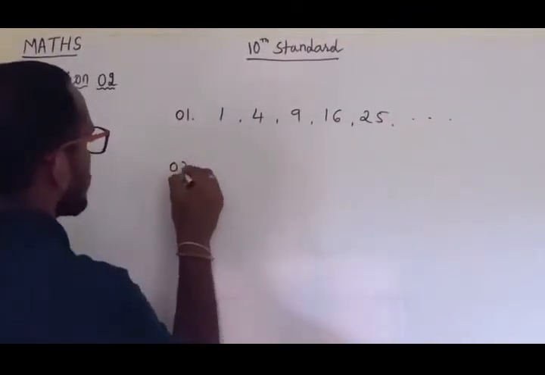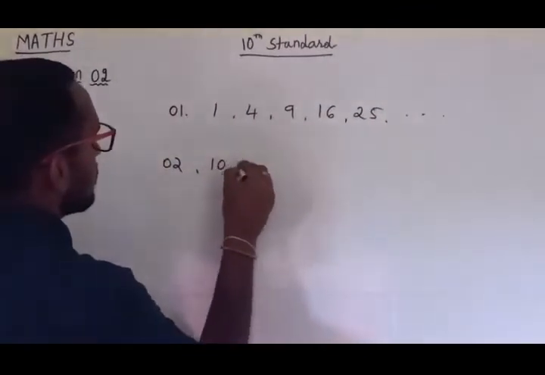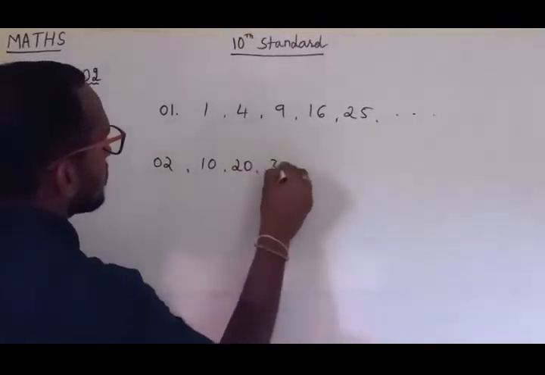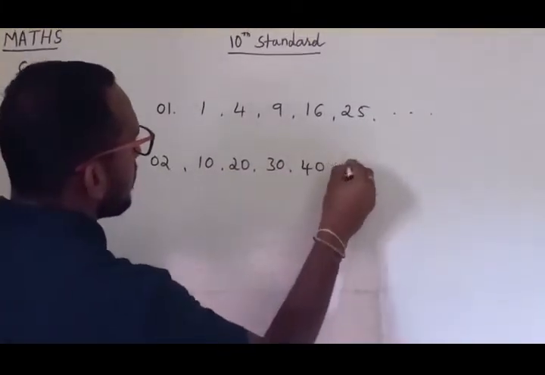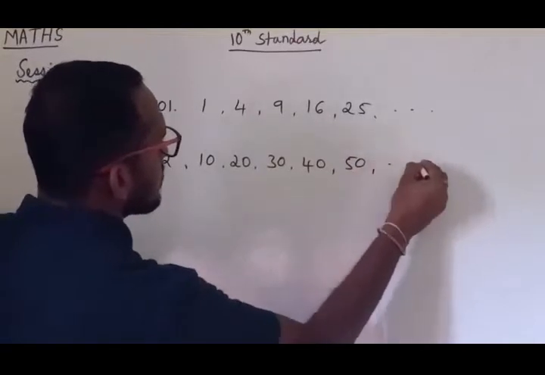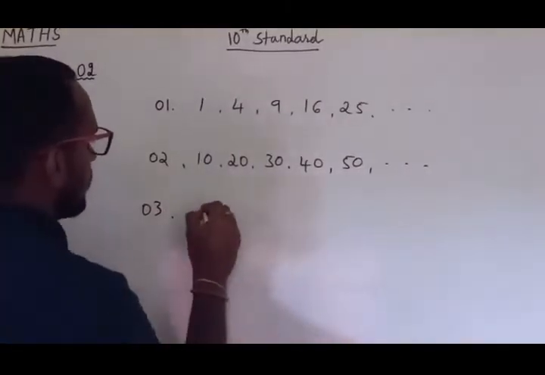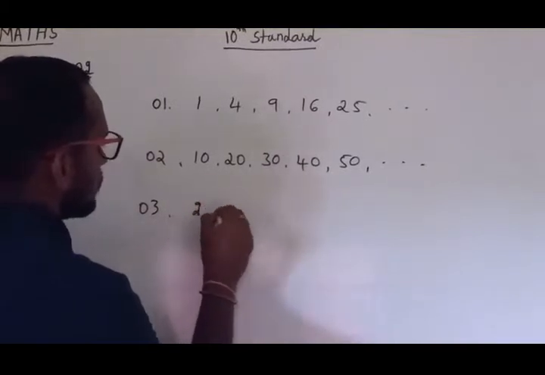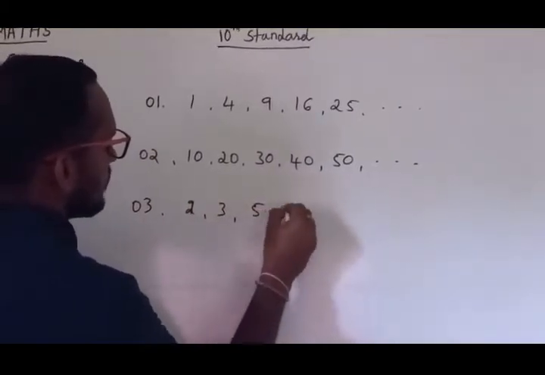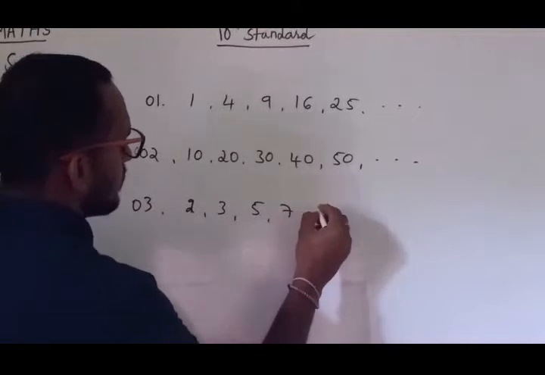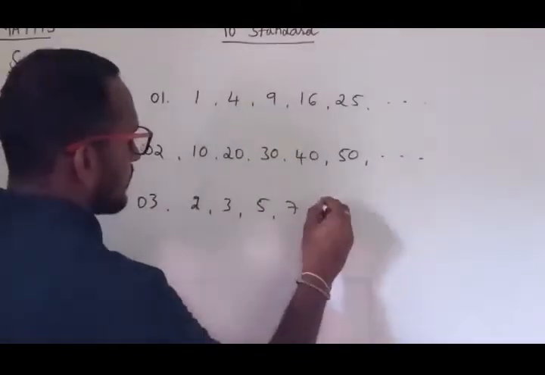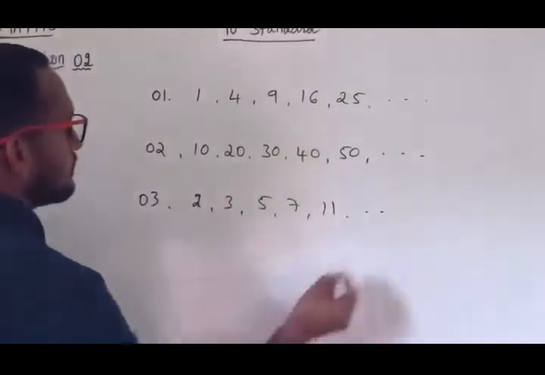The second collection of numbers is 10, 20, 30, 40, 50, etc. And the third collection is 2, 3, 5, 7, 9, 10, 11 and so on.